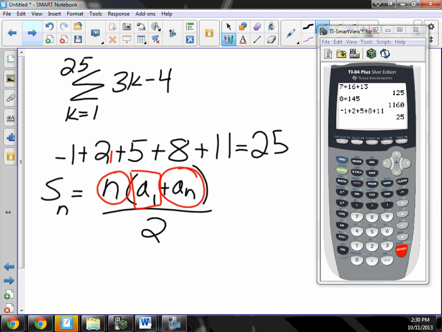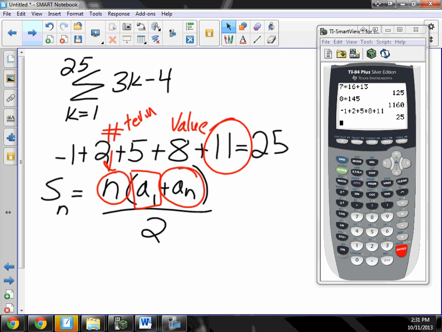This is the number of the last term, and this is the value of the last term. So does this number represent n or a sub n? That's a sub n. What is n in this case? 1, 2, 3, 4, 5, fifth term. So this is the number of the term, and this is the value of the last term, and then divide it by 2.